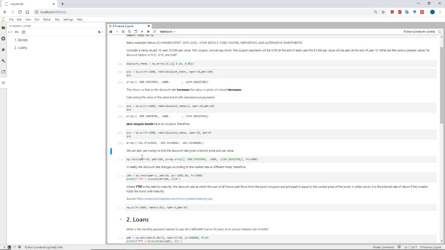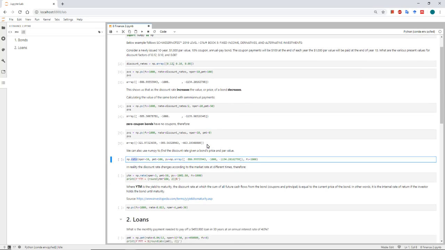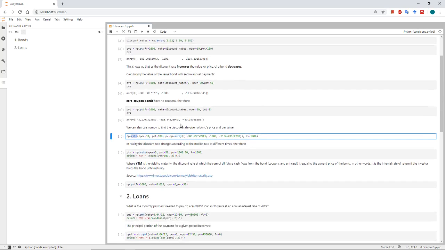NumPy also has a discount rate function, because if you have all the other attributes, you can always find the discount rate given the present value and future value.